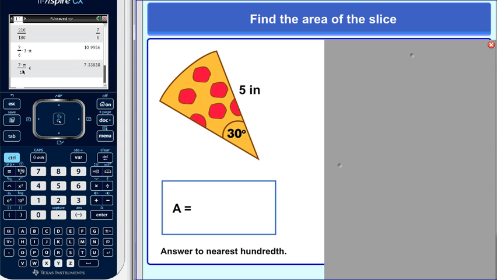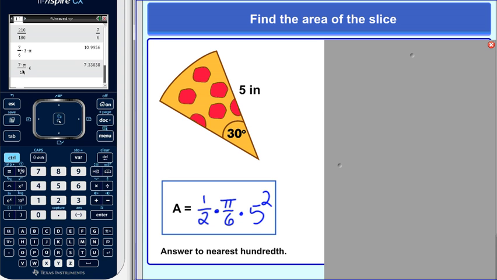Okay, so arc length. Oh, here's a slice of pizza. So first we're going to convert our measure of our angle from degrees to radians. So we're going to have 1/2 times theta, which is 30 degrees, so we convert that to radians, which is pi over 6, times r squared, so times 5 squared.